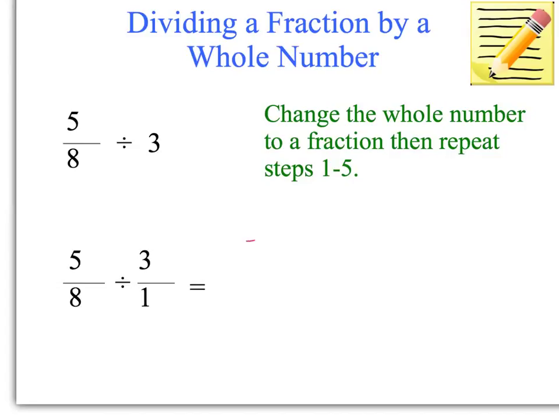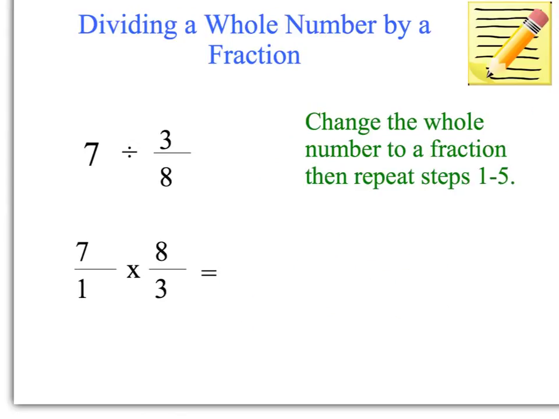The first fraction remains the same, 5/8. Change the division sign to multiplication, and flip the second fraction upside down. Then you just multiply like normal. 5 1s are 5, 3 8s are 24. And that is the fraction simplified. We can't go any further than that. So that's how we divide a fraction by a whole number.